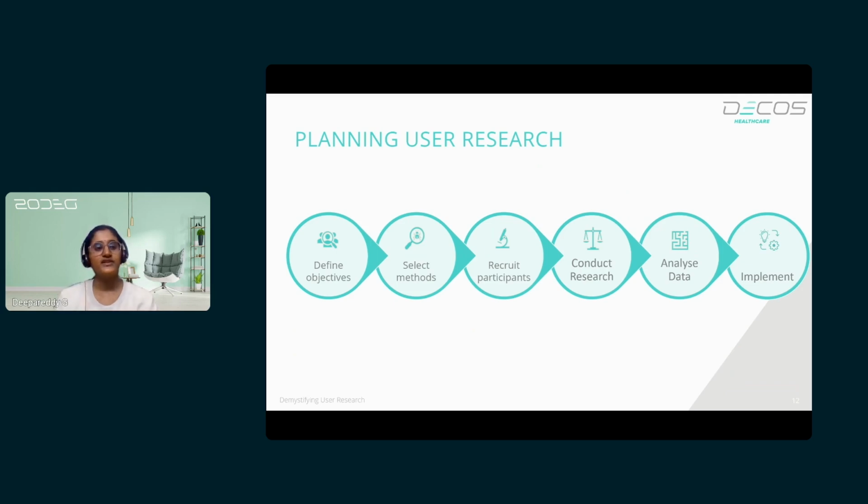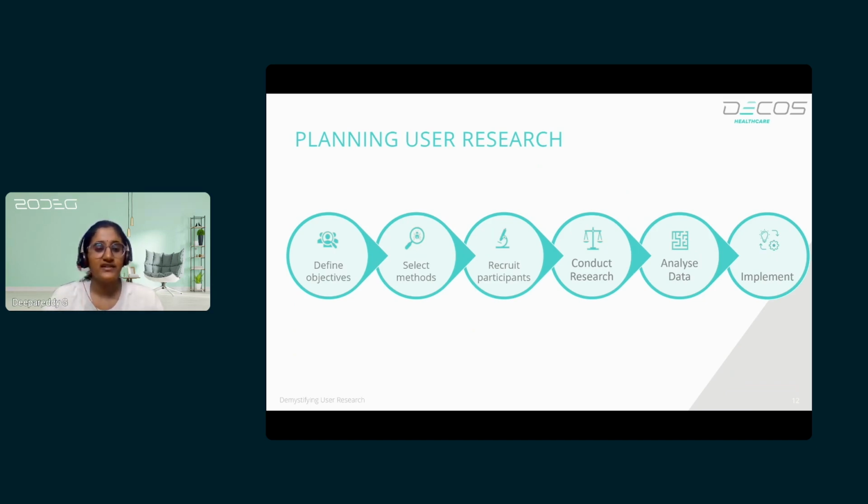The fifth step involved in user research is analyzing and synthesizing data. In the fourth step, we collected valuable insights from the users, so we will be reviewing and analyzing that data to extract meaningful insights that can inform our design decisions.